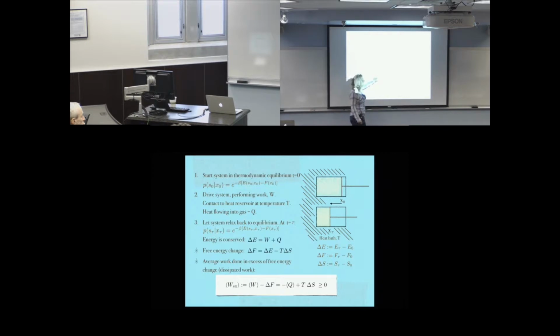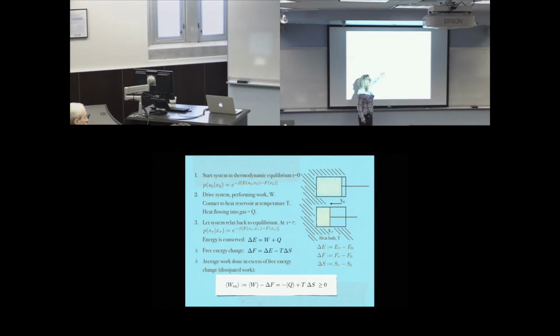So you're interested in this free energy change, which is the total change in average energy minus the total change in the entropy. And the first law of thermodynamics tells you that the average energy is the work plus the heat flowing into the system. So energy is conserved. So whatever we've put in as work plus whatever heat has flown out, and it's kind of unnatural to think about it when I compress it because then heat should be flowing out, right?